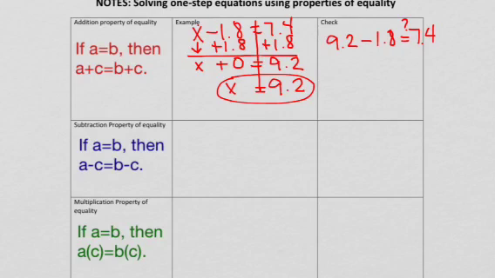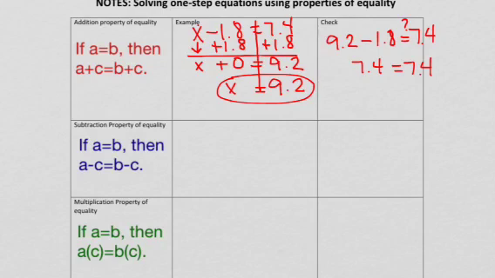So I would do 9.2 minus 1.8, we get 7.4. And I don't mind if you use a calculator to check your work, but you should not use a calculator to do the work. Alright, let's go ahead and move on to another example.